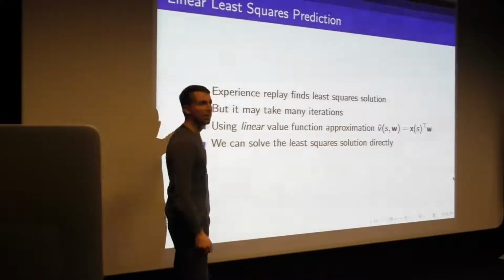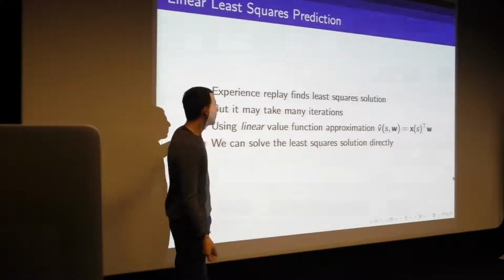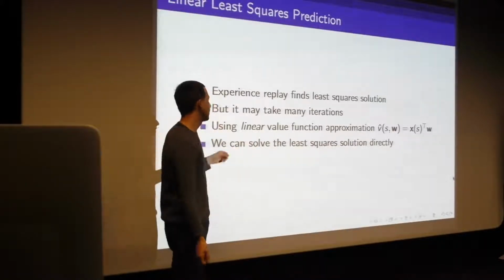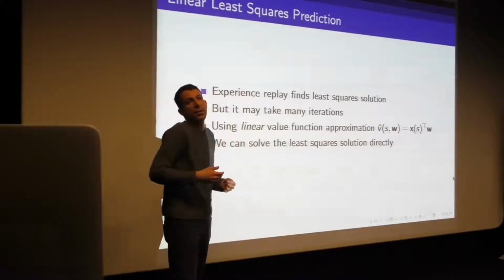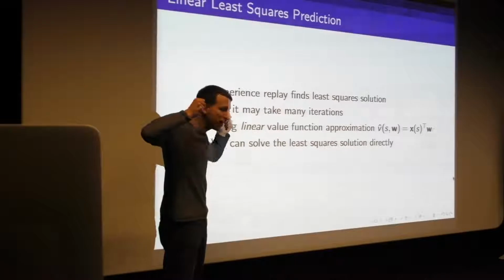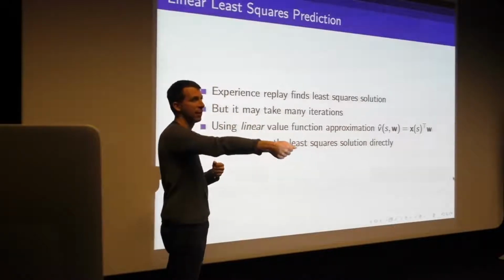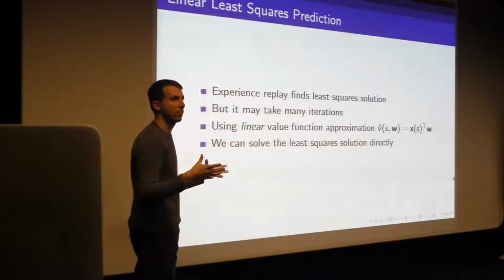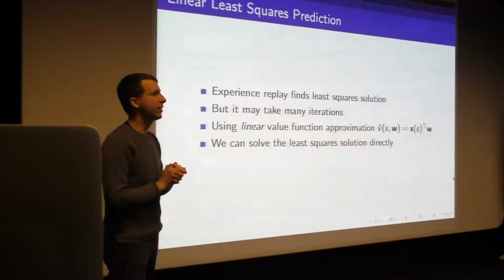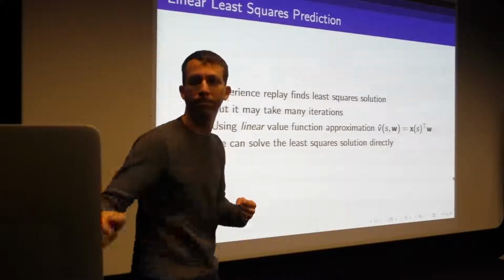But sometimes it can take many iterations to really get to that least squares solution. If we really are using linear function approximation, then with more computation per iteration you can jump all the way to the correct least squares solution, in closed form. So you can do your policy evaluation step in one jump.